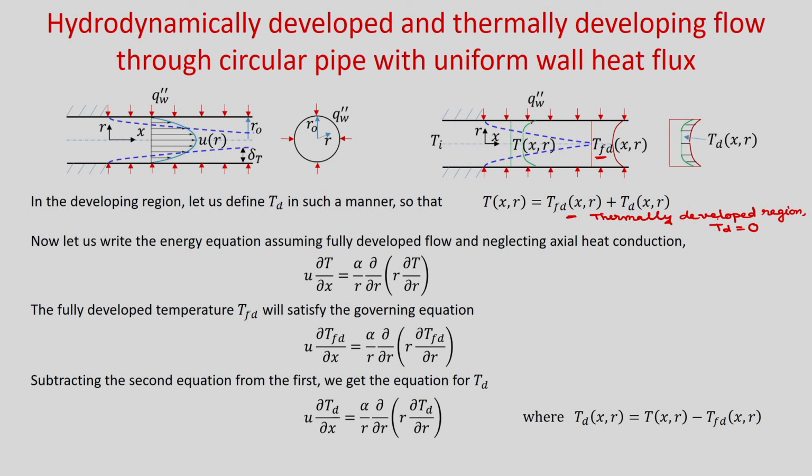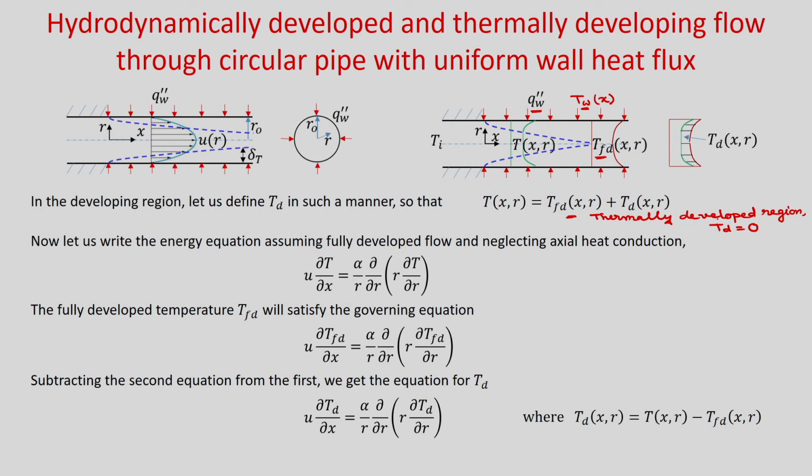So, obviously the temperature profile in the thermally developing region will be lower than in the fully developed region. This is also true for the wall temperature, because this is the constant wall heat flux boundary condition. So, Tw will be a function of x, and along the axial direction your Tw will increase.